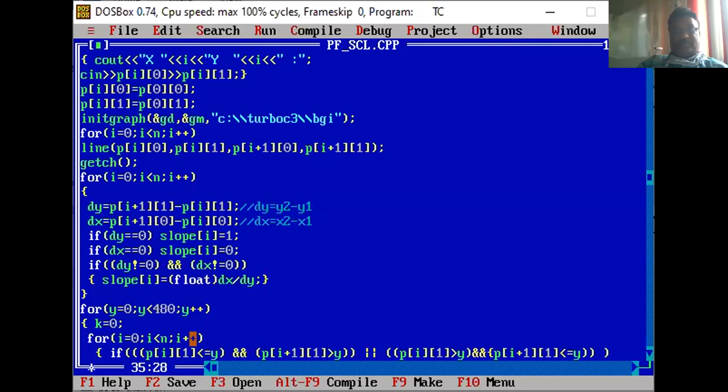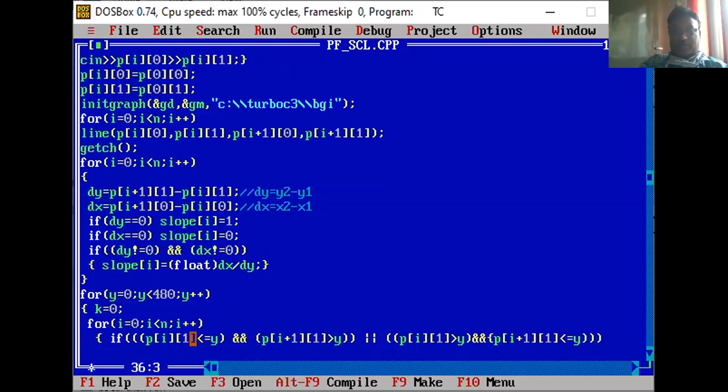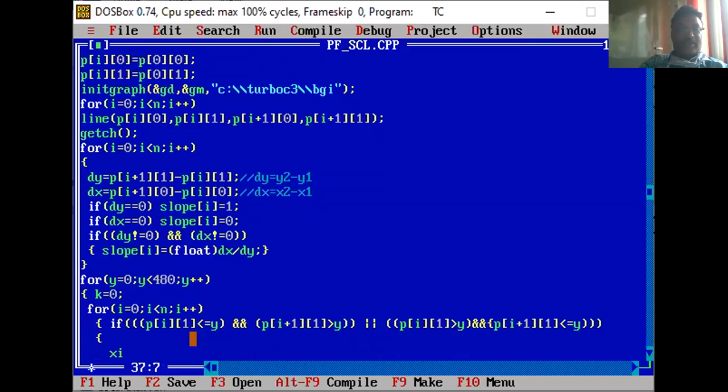So if this condition is there, it means your intersection occurs. Once this intersection occurs, as I have already told you, x intersection means xi. The first intersection I have already put as 0, k is equal to 0.